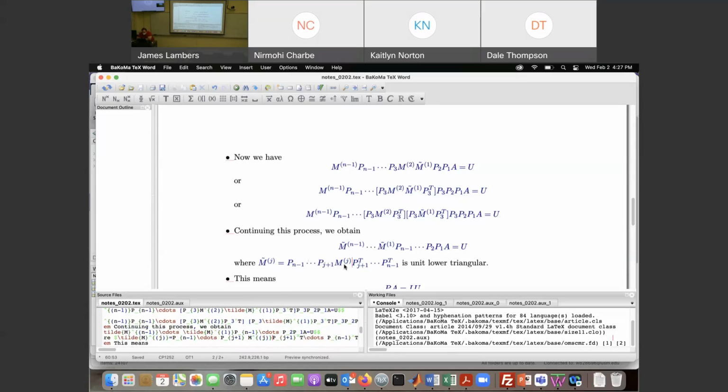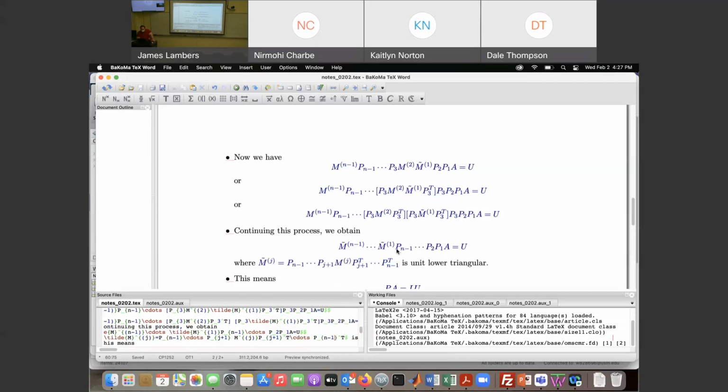So as a column is worked on, all subsequent row interchanges are applied to its multipliers. And only the multipliers, because these clean up the other columns. And because of what I've shown you, you can see that this is also unit lower triangular.